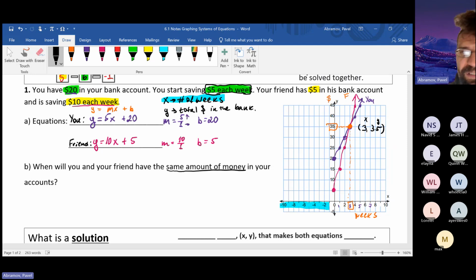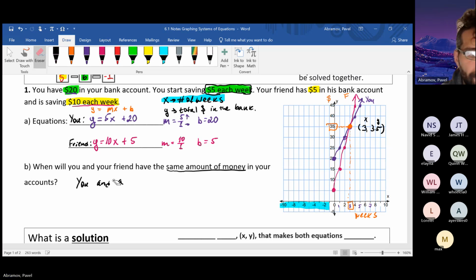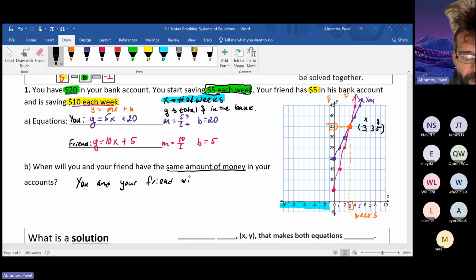So that means, since that's where the lines intersect, that's when the amount of money that you and your friend have will be the same. Therefore, you and your friend will have the same amount of money.